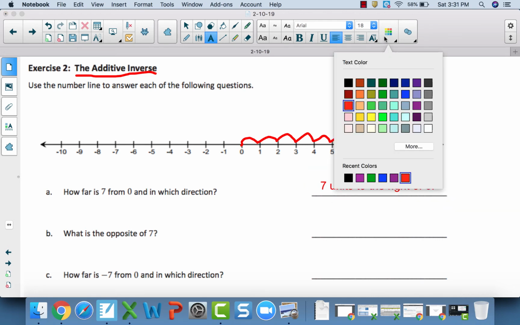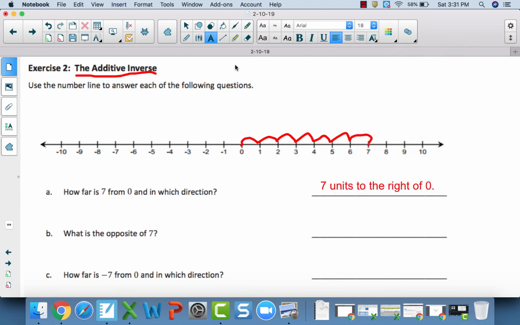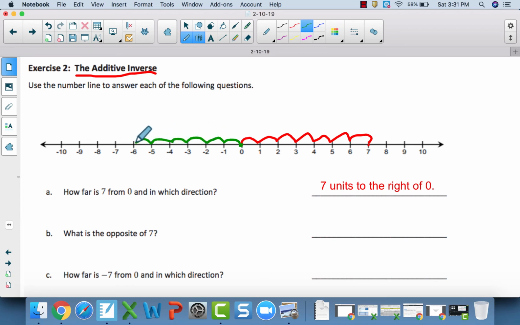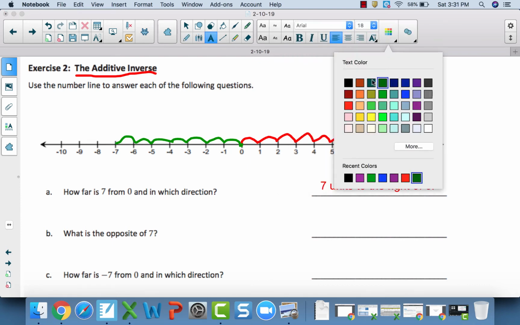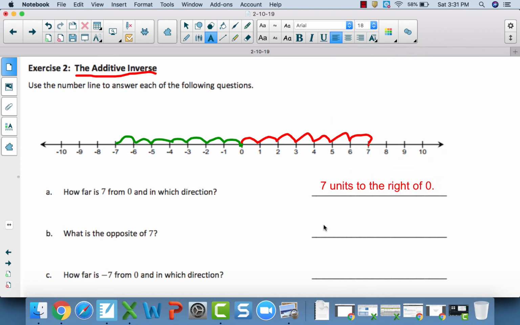Now, the opposite of 7 is going to be 7 going in the opposite direction. So we're starting here and we're going 7 units, but we're going the opposite direction. 1, 2, 3, 4, 5, 6, 7. So if you're asking what is the opposite of 7, the opposite of 7 is negative 7.